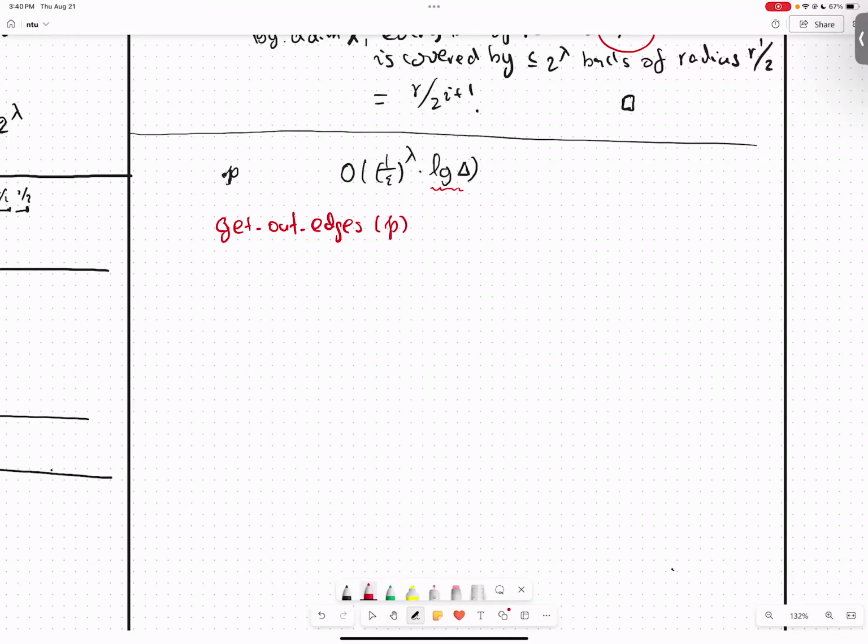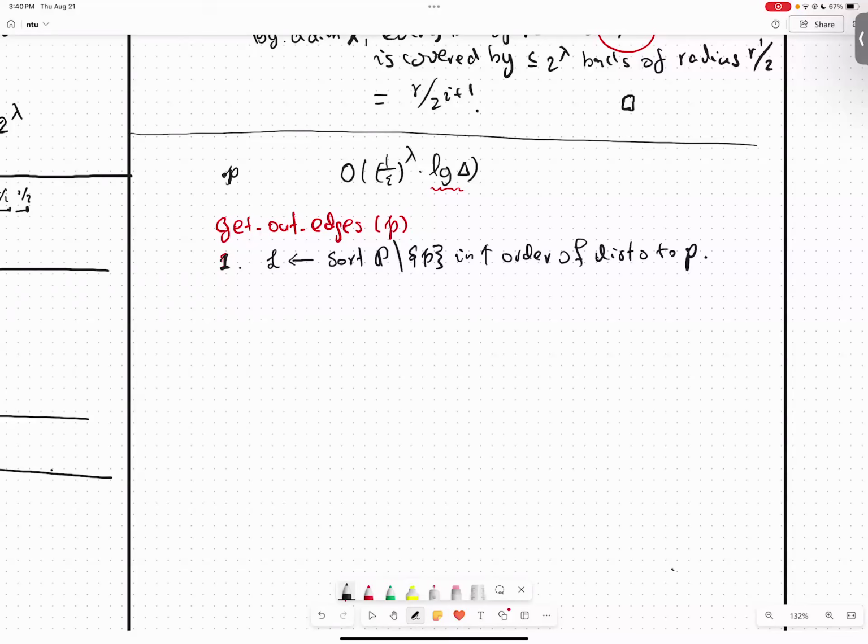Okay, so let's see how we generate the edges. First of all, sort everything else, let's say L. So big P is the input set, small p is the point that we're working on. You sort everything else in ascending order of distances to p.